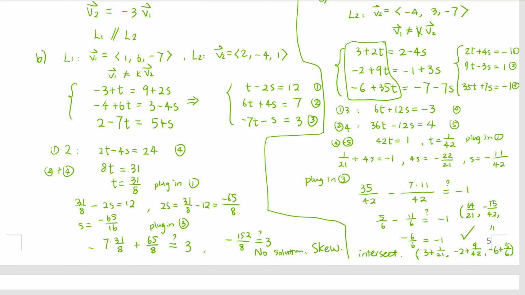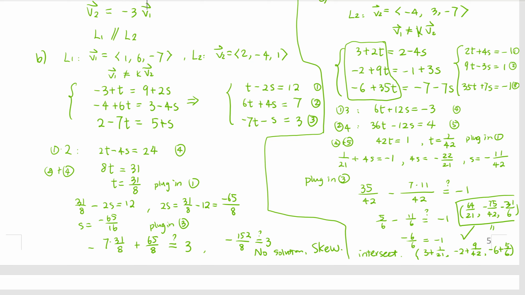And then 6 times 6 is 36, 5 minus 36, is negative 31 over 6. So far, so good, everybody. Let me put the negative here so that you can see it better. So this is our intersection point. Very good. Let me box it. So this is the intersection point.